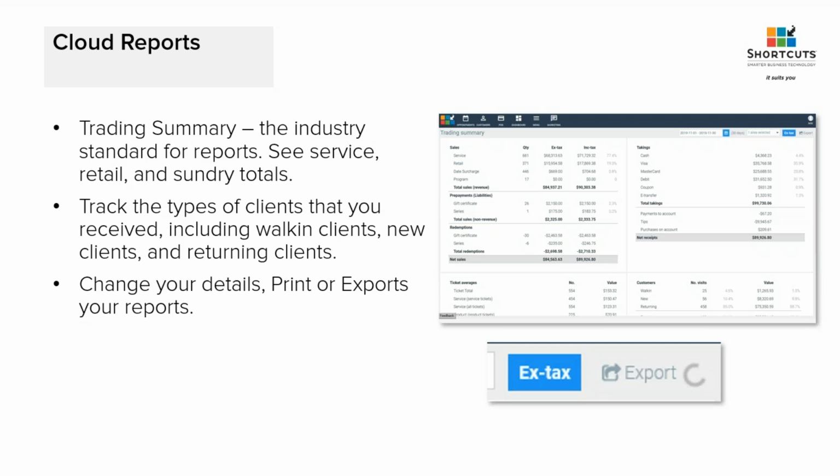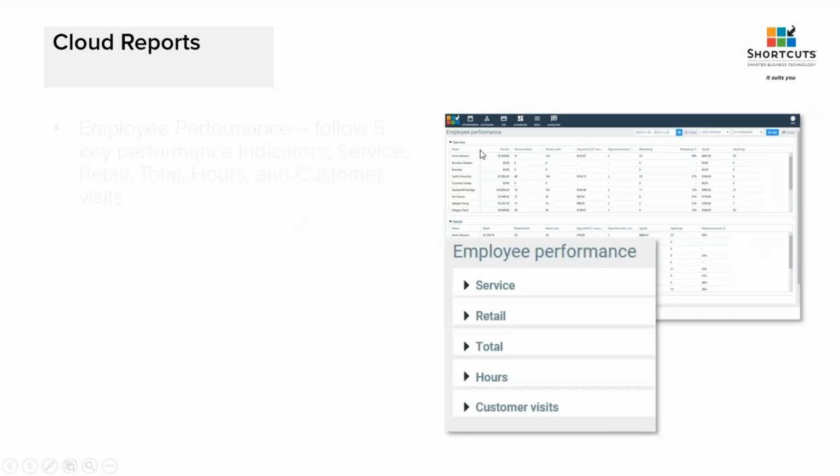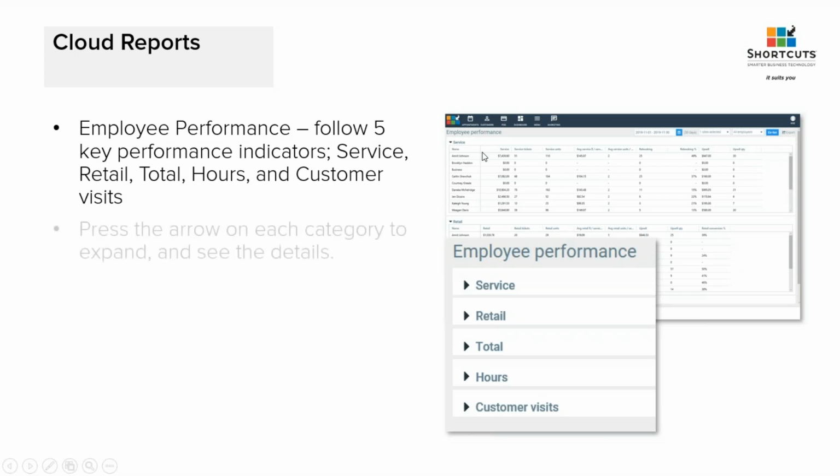Well, 9:20 Pacific. So you can run it at the end of the day, you can run it first thing in the morning, you can set your date range, and all of these numbers will be accurate up to that moment. And of course, you can print this report, you can export this report. And don't forget, you can also view it with or without tax.